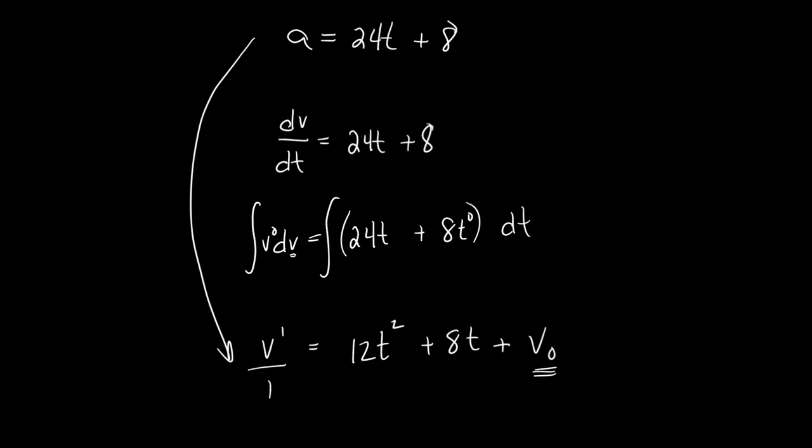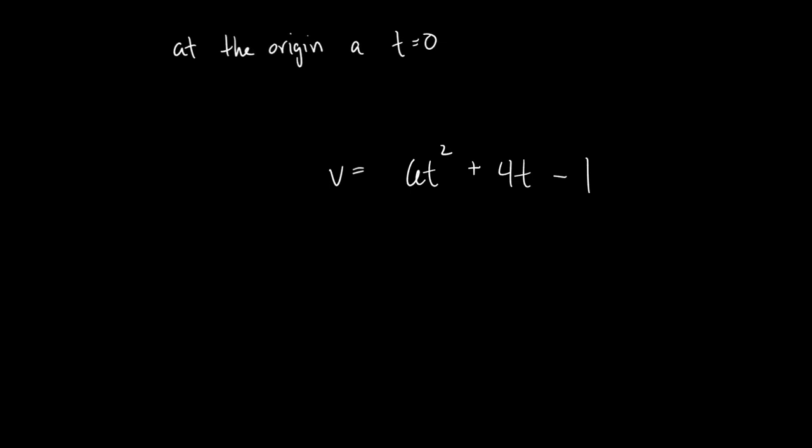But for your homework, my plan is to give you something that is relatively simple, like velocity equals 6t squared plus 4t minus 1. And tell you that this object is at the origin at t equals 0, and ask you to come up with the position function and the acceleration function.